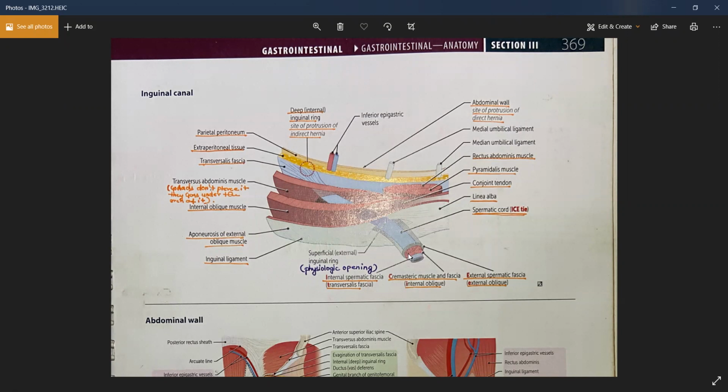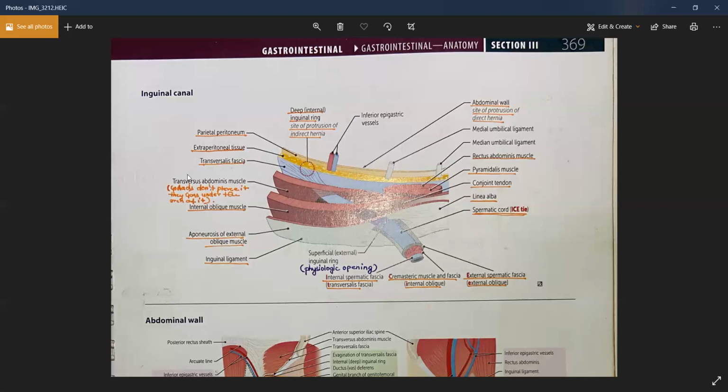Okay. So this inguinal canal is clear to you? Why do we need the inguinal canal? Because the testis needs to pass from the abdomen to the scrotal sac, and they will take this path. While passing, it will form a canal-like, tube-like structure through which the vas deferens and other structures pass.